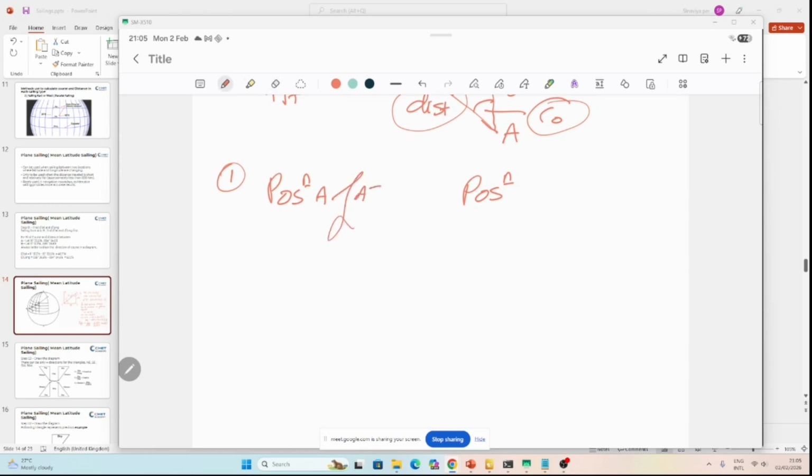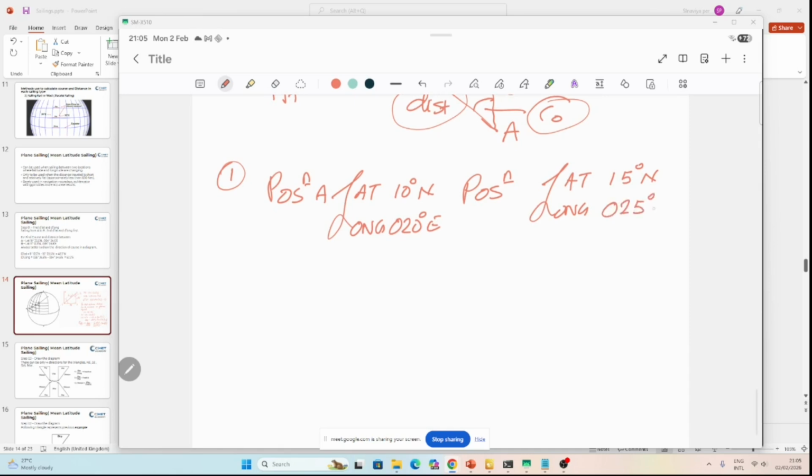Latitude, longitude, 10 degrees north, 0 degrees east. Latitude, longitude, 5 degrees north, 0 to 5 degrees east. Okay, so now let's do this sum.